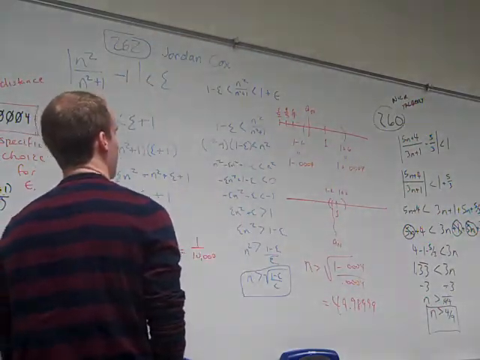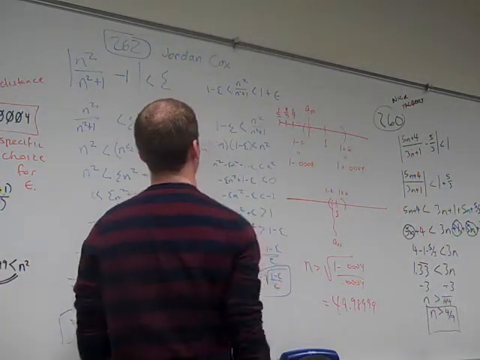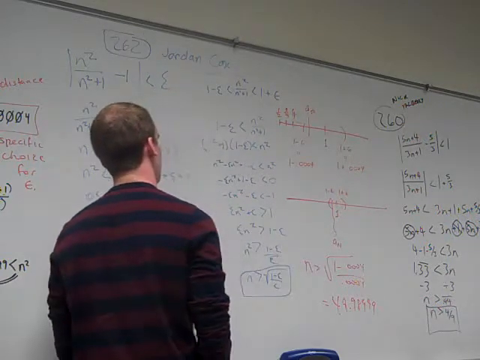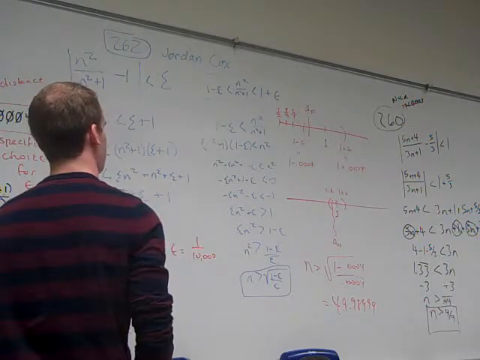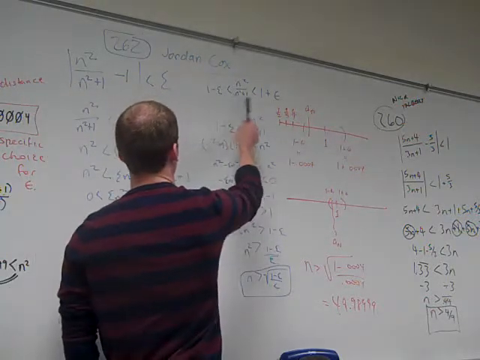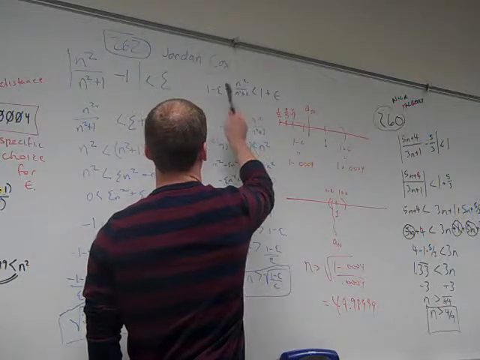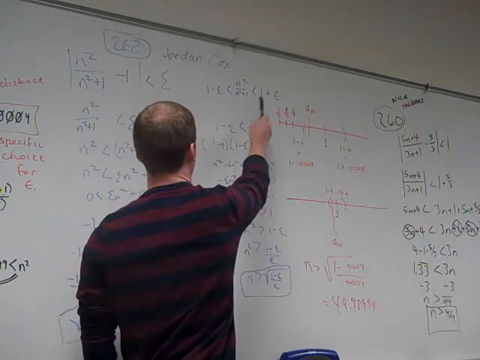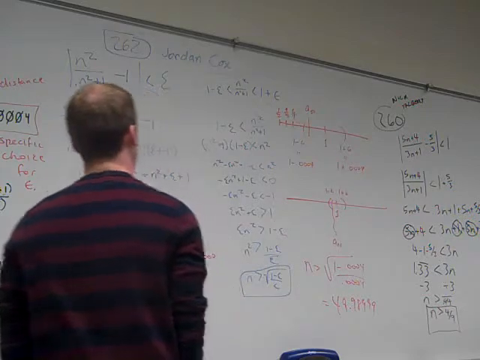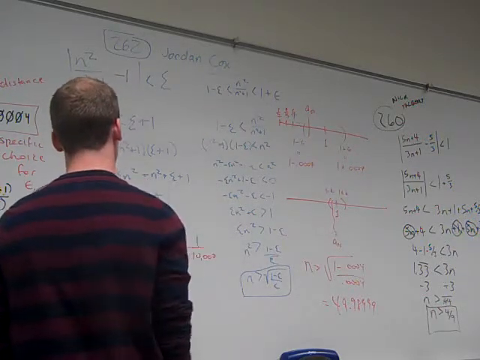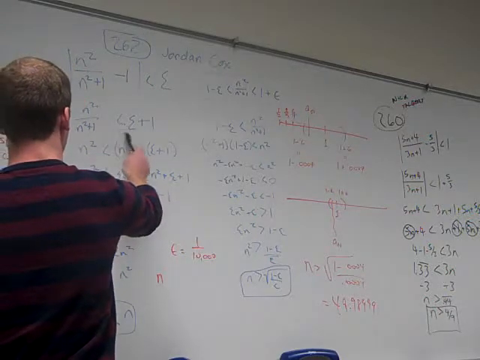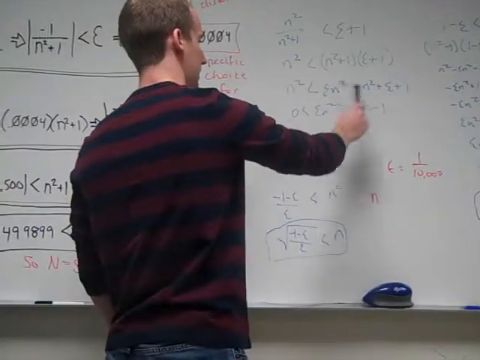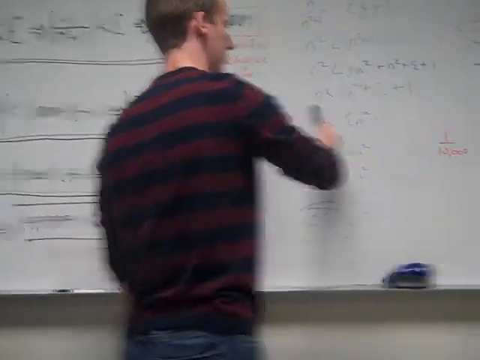Alright, so I started off by writing this down. I actually just got that from 258, but with the absolute value sign, once you move from 1 over, you eventually get n squared over n squared plus 1 is greater than 1 minus e, and it's less than 1 plus e. So I just separated it out. First I multiplied both sides by n squared plus 1. We got n squared on one side, so this cancels out and makes 0.